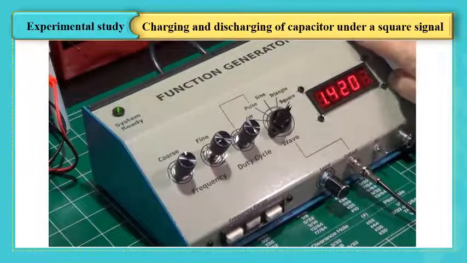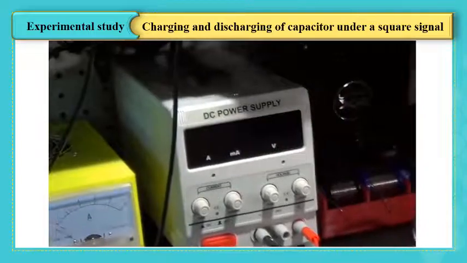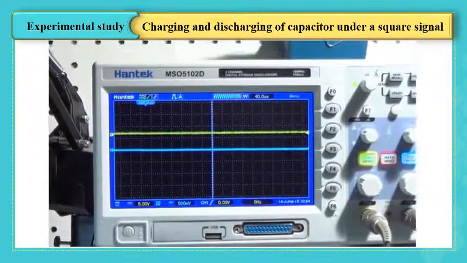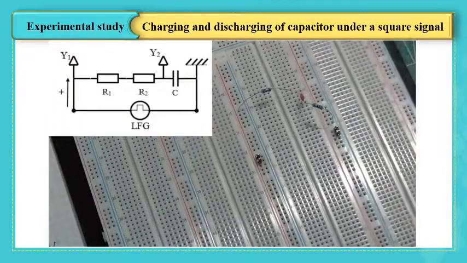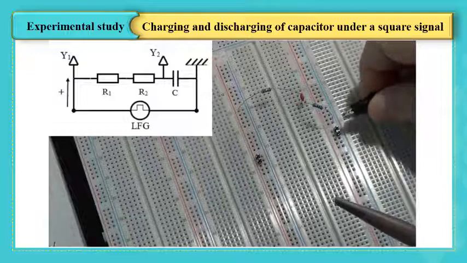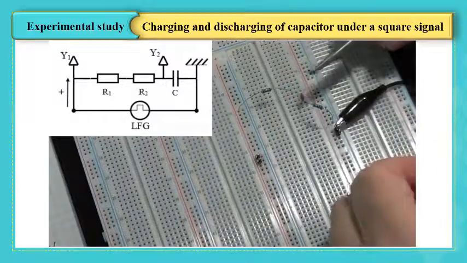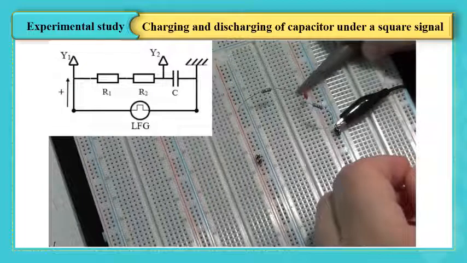I will use this function generator to charge and discharge the capacitor with a square wave, and then we will see the information coming out on the oscilloscope, channel 2 on the oscilloscope to the capacitor, so ground side and other terminal of the capacitor.